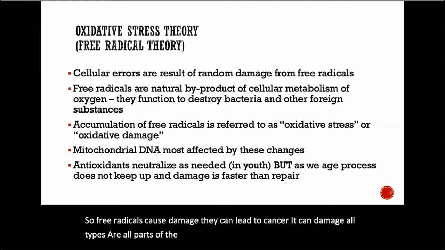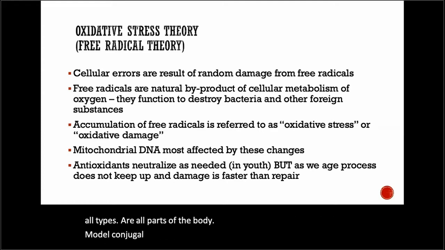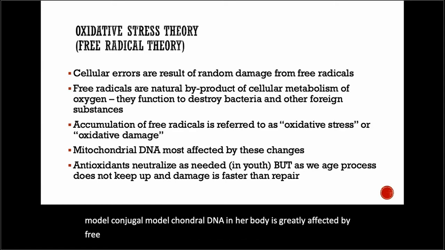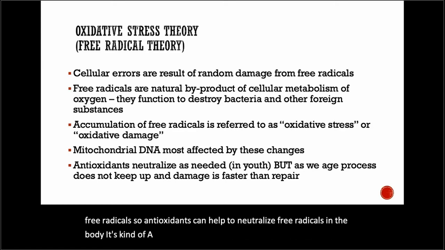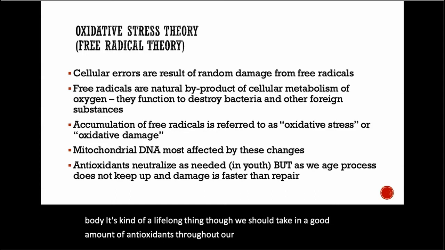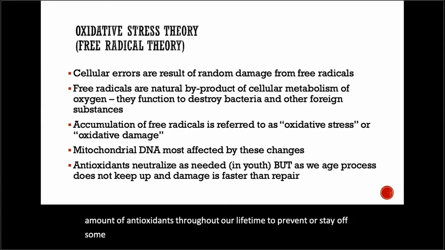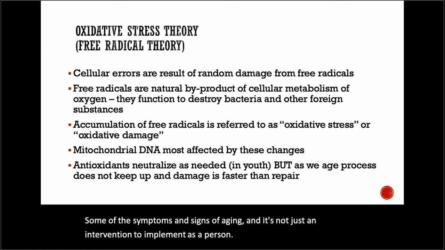The mitochondrial DNA in our body is greatly affected by free radicals. So antioxidants can help to neutralize free radicals in the body. It's kind of a lifelong thing, though. We should take in a good amount of antioxidants throughout our lifetime to stay off some of the symptoms and signs of aging. And it's not just an intervention to implement as a person becomes an older adult.